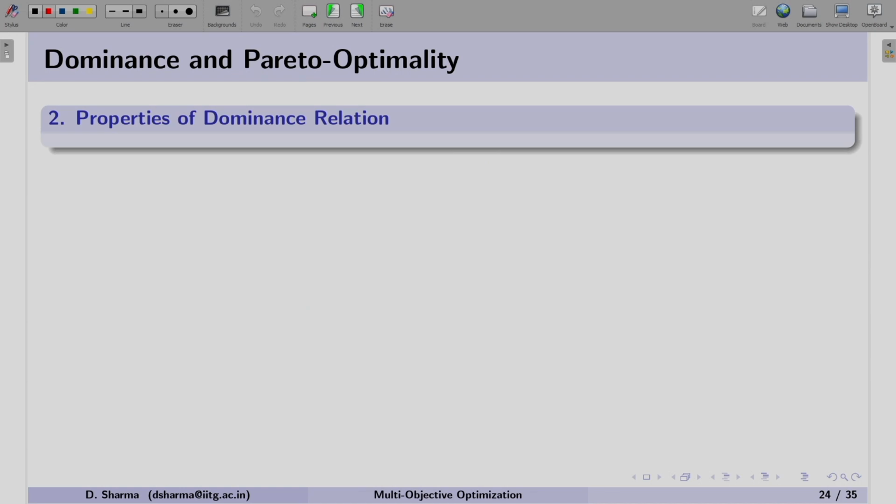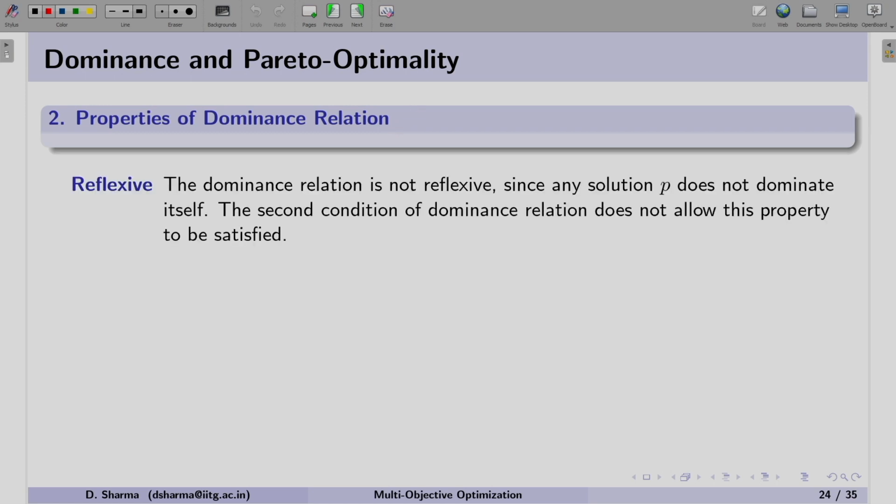Let us move to the second section, which is on the properties of the dominance relationship. Let us begin with the property called reflexive property. The dominance relation, the concept of dominance we discussed in the previous slide, equation number 2, is not reflexive, meaning that any solution P does not dominate itself.